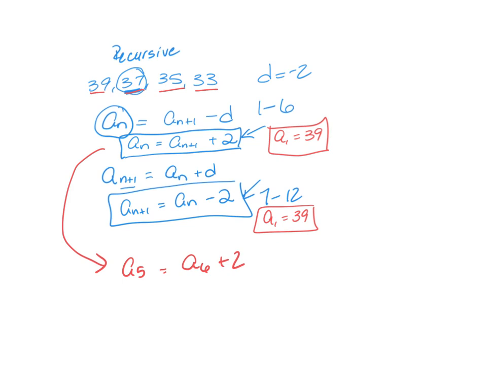But I don't have A5 or 6, so I'm going to use this formula. A5 equals A4 minus 2. Now that works because you have an A4. Do you understand that? Which would be A5 would be 33 minus 2, which is 31.